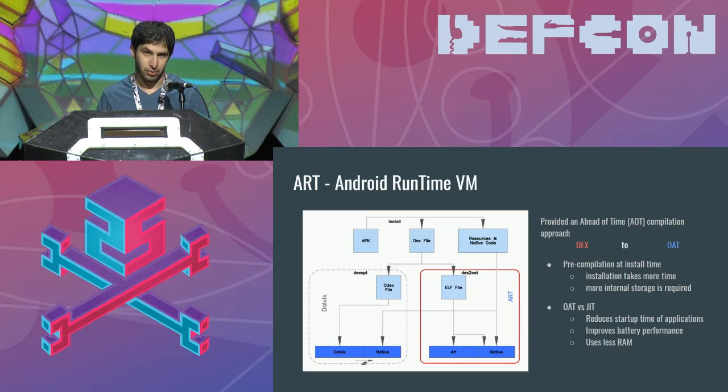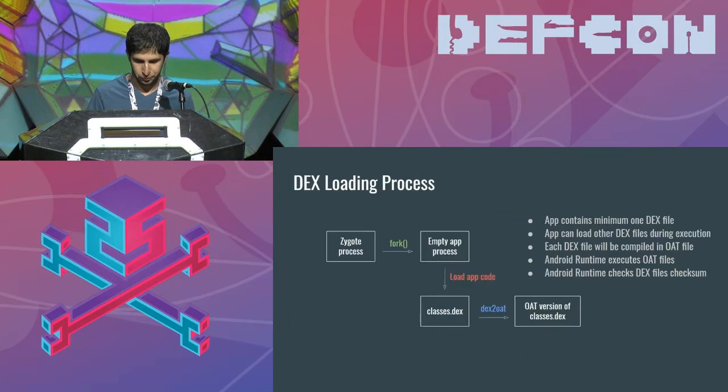This allows a lot of improvements in RAM, battery performance, and startup runtime of the application. But it's important to remember that the VM can work both ways, interpreting Smali code or with compiled native code.